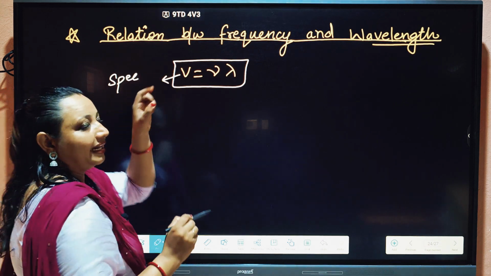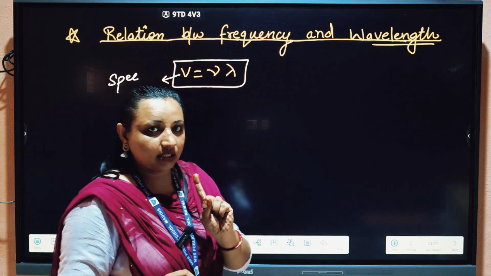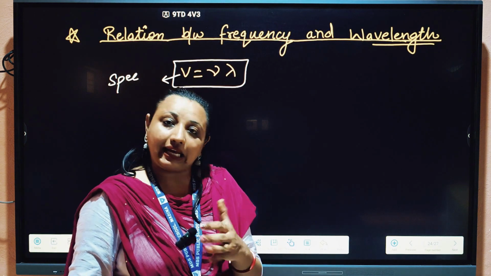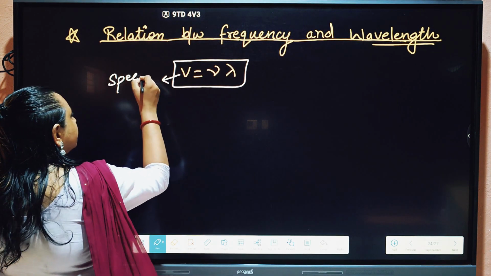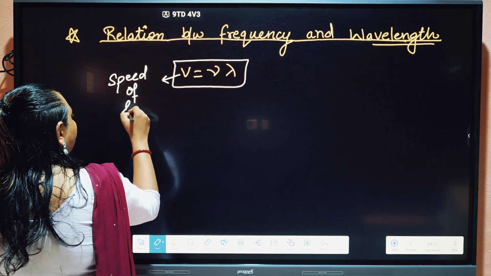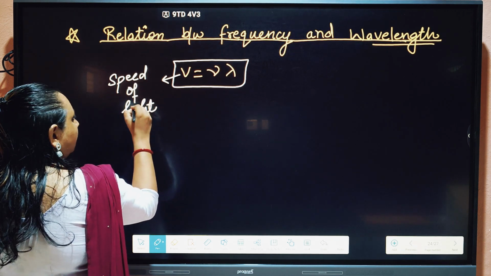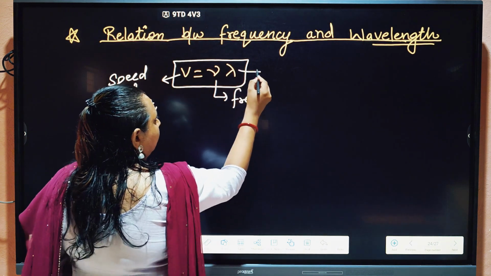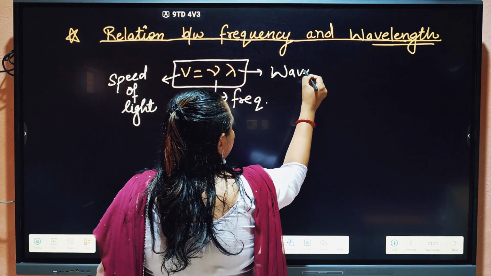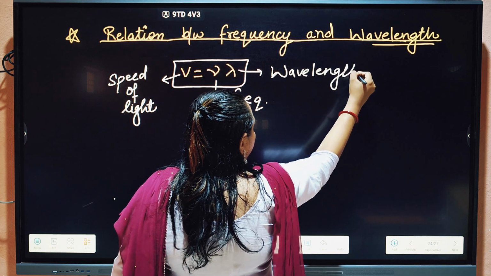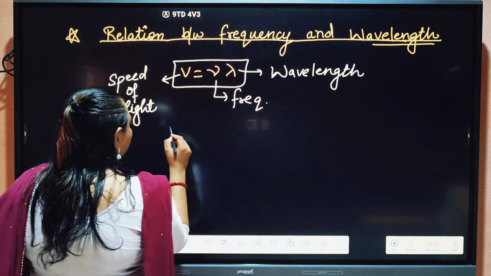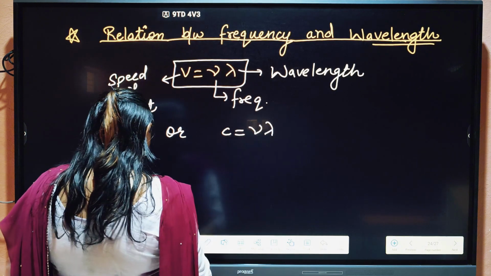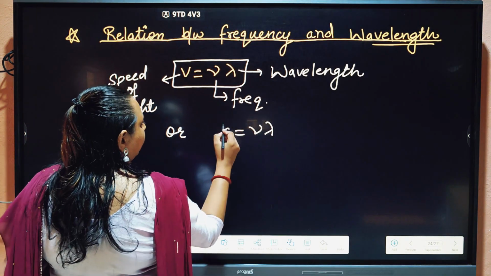We can also write v as c if it is the speed of light in vacuum, and v if it is the speed of light in any medium. Nu is the frequency and lambda is the wavelength. We can also write this relation as c equals nu lambda, right?